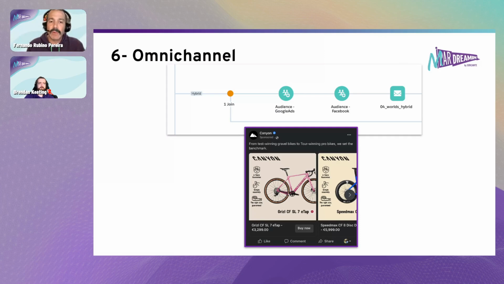And then we have one of the actions: if the user does not open the email, it will show this ad, for example, that I brought on Facebook. So if they don't open, we send an ad on Facebook. So we create the welcome journey, but also use other social media, which is possible to do in Journey Builder.